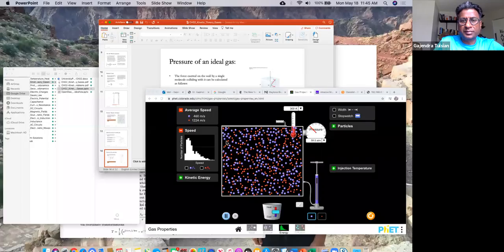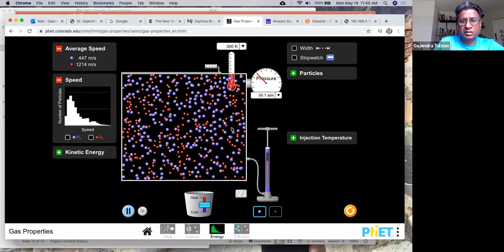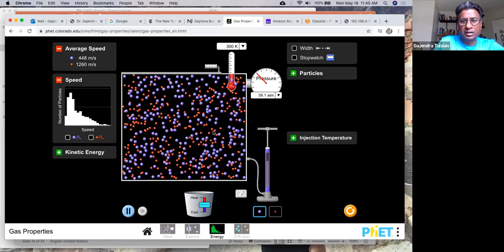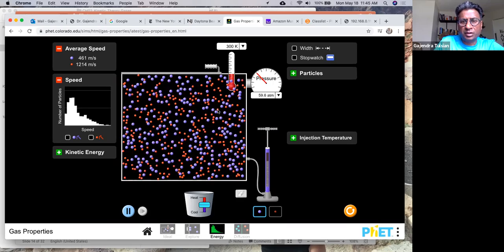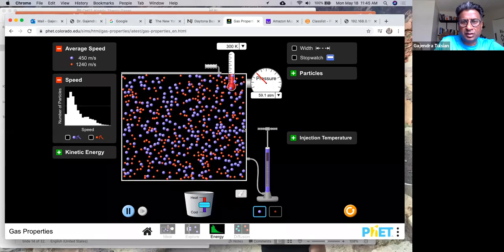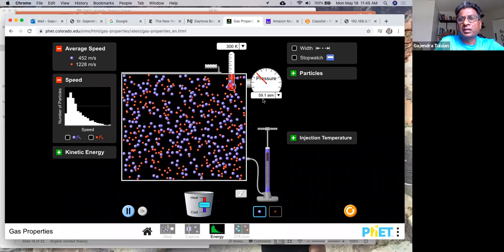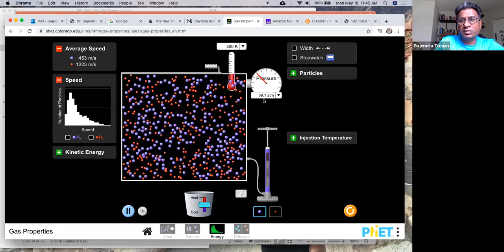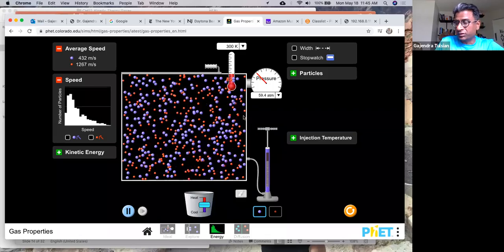Now the pressure, so here's the deal. Here are these tiny molecules, bouncing off the walls, and that's how they exert pressure on the wall. This pressure on the walls is 60 atmospheres.